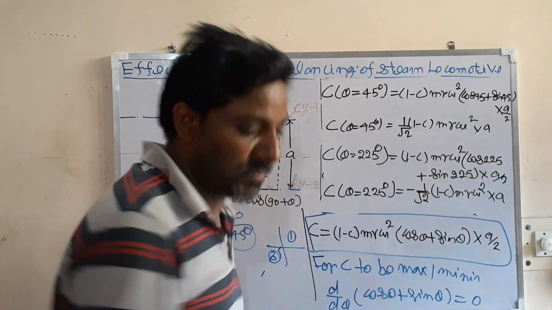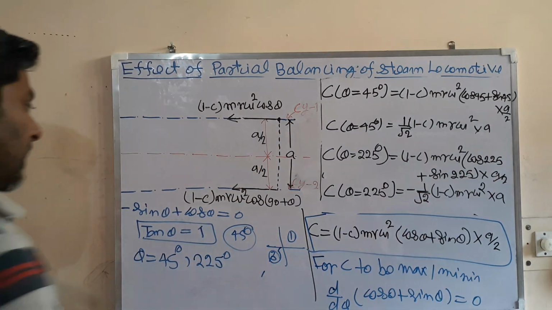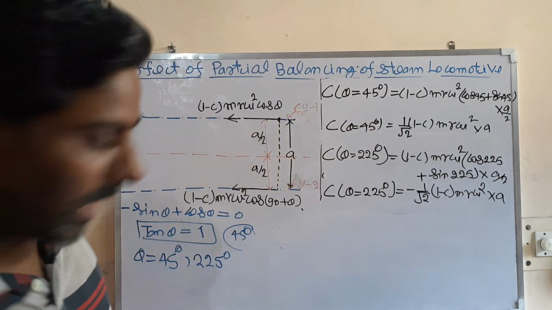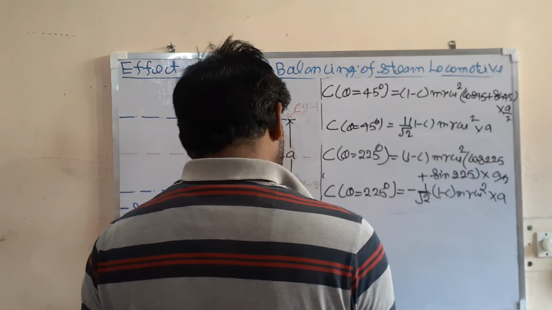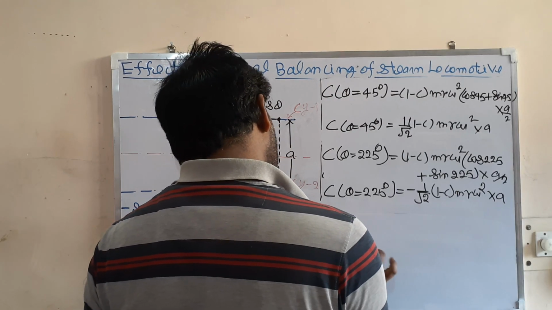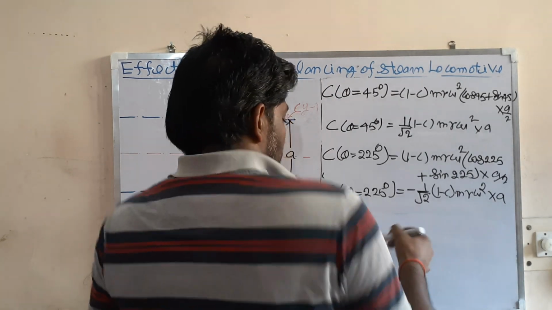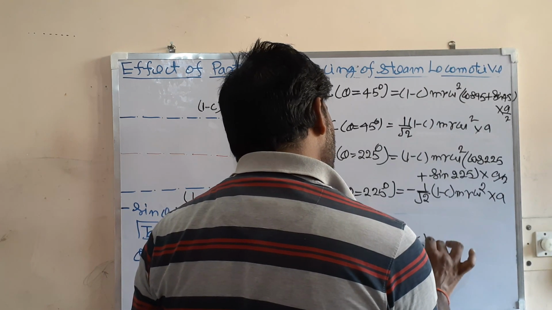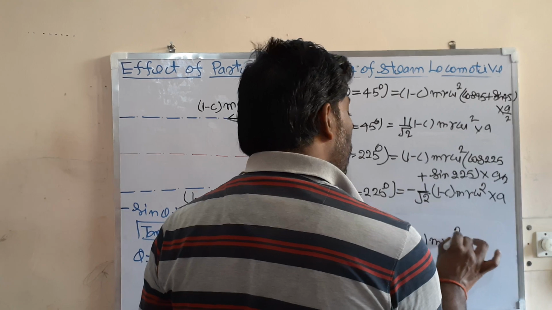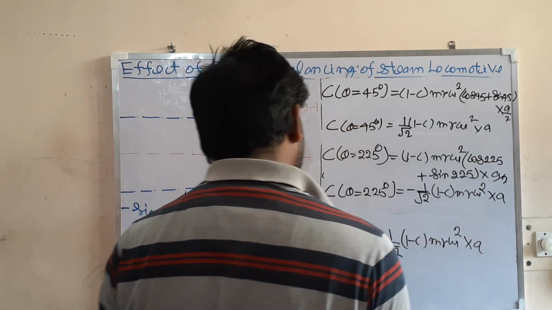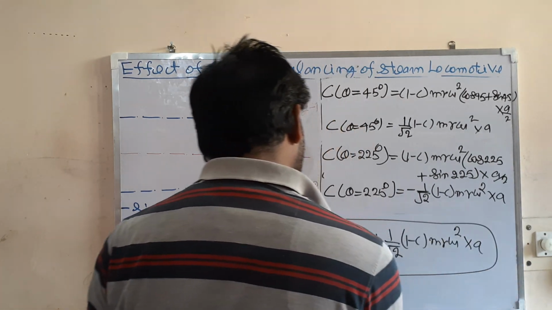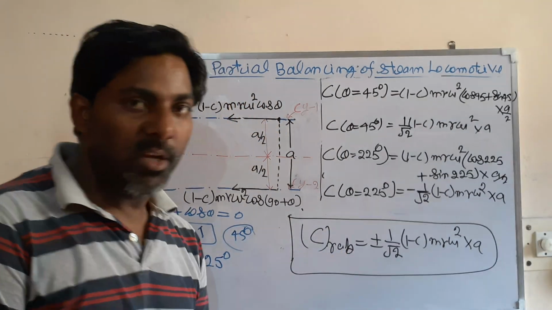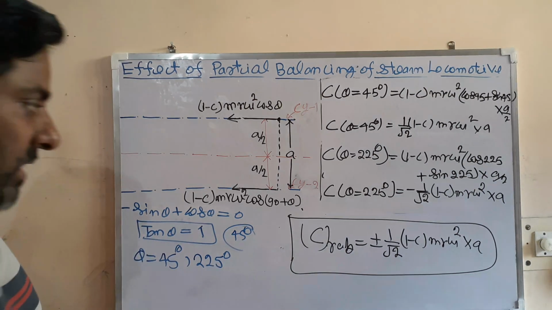So what is its range? Its range will be plus minus 1 by root 2 (1 minus C) m r omega square into A. So this is the range of swaying couple. The maximum value is 1 by root 2 plus and the minimum is minus, just opposite to each other.